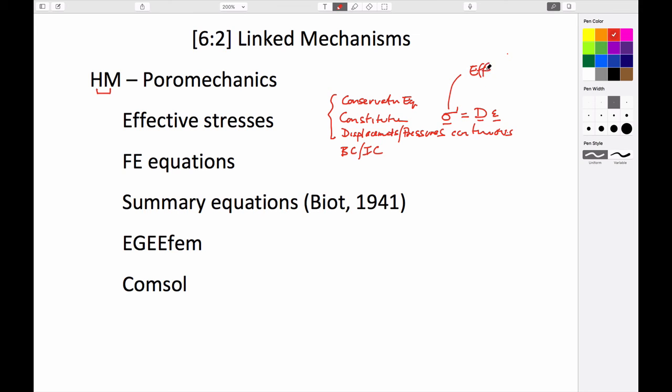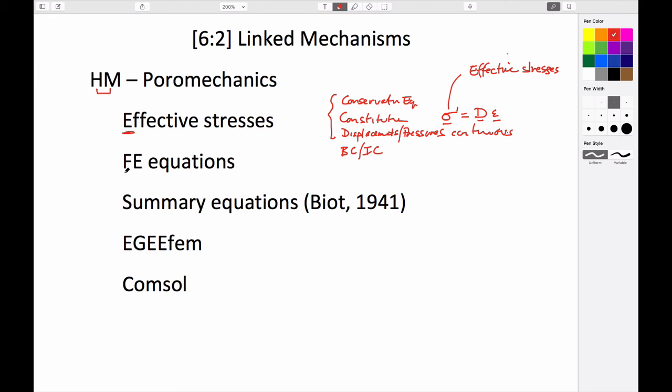So effective stresses require that we know the magnitudes of fluid pressure, because once you subtract out the effect of those fluid pressures, the effective stress that's left is just the magnitudes of the intergranular forces. And so the basis of pore mechanics really is understanding what the role of effective stresses is.